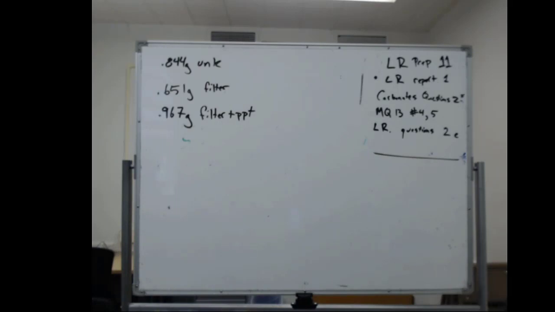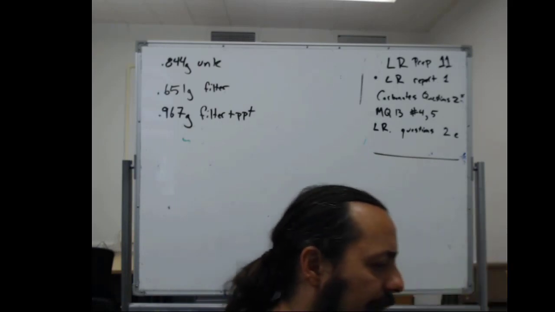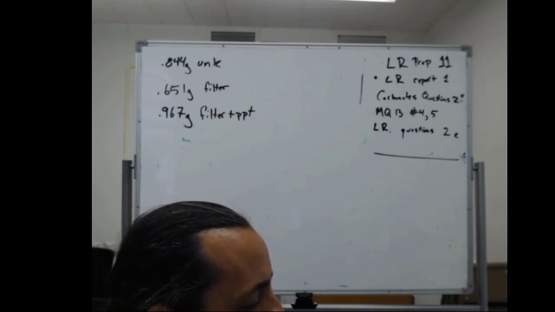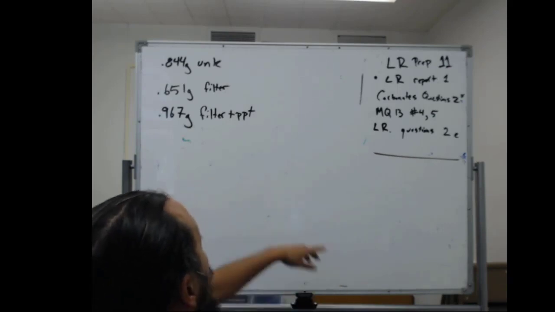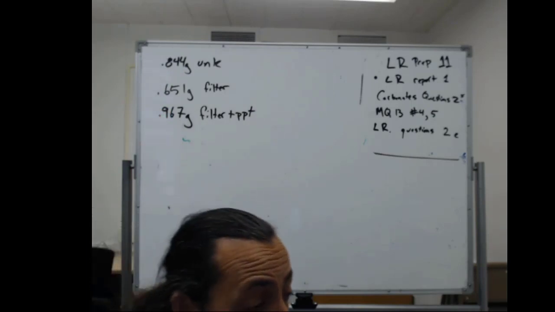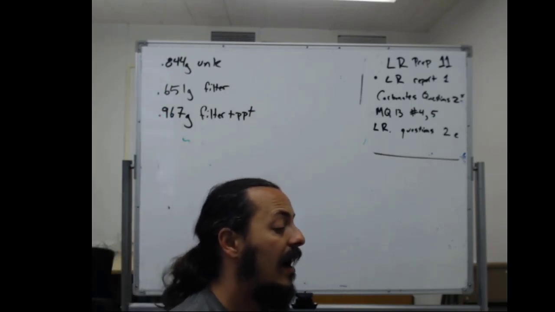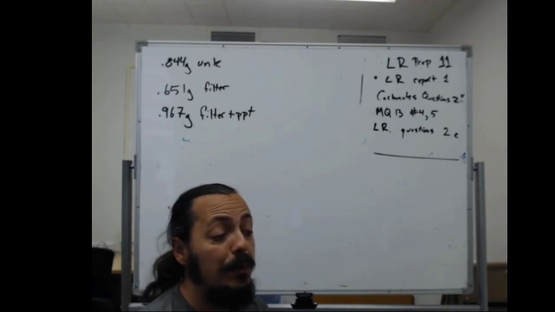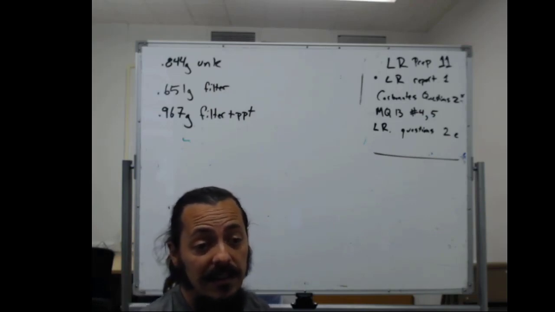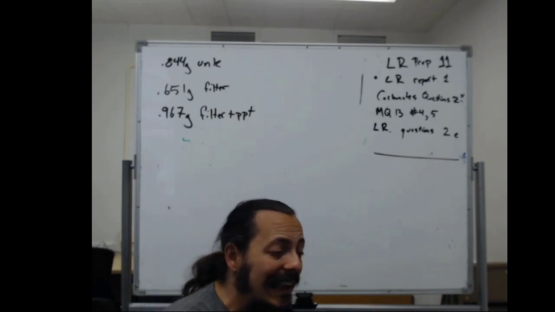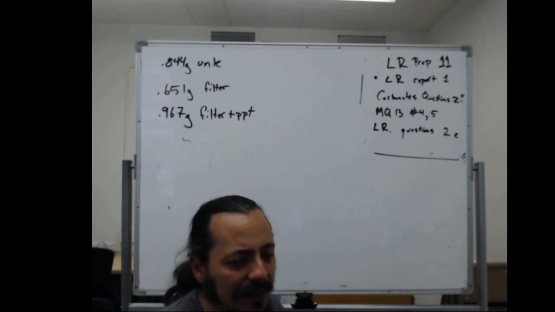So then the question becomes, well, what do we do with this? We put in our unknown mixture sample ID. For mine, it's A. Put in our total mass, 0.844 for me. You'll have some range of possibilities. The biggest mistake I've seen is people just put 1 gram there, and then it's different than what LabPal thinks you have, and that just throws everything off.